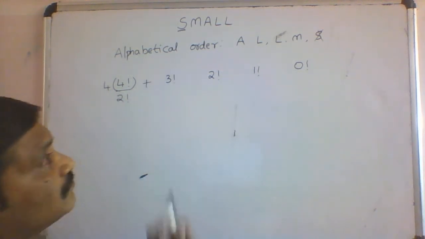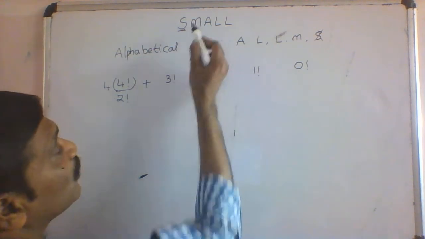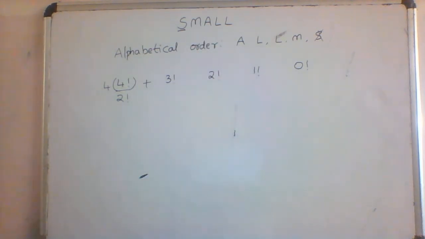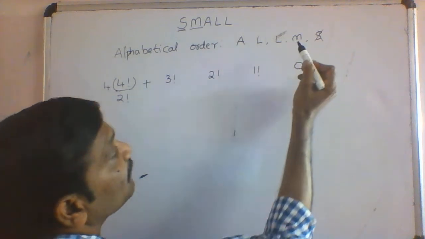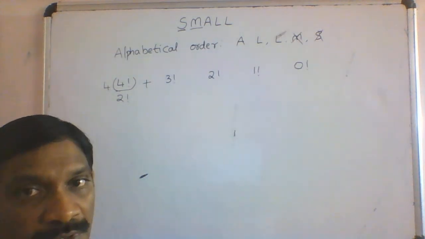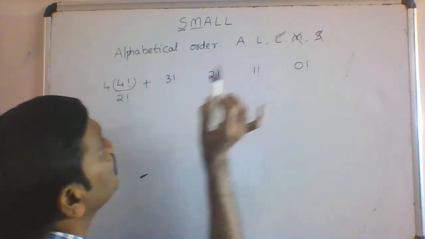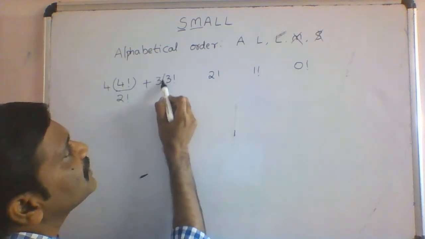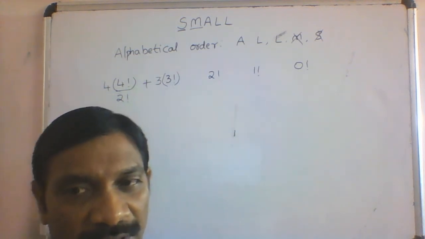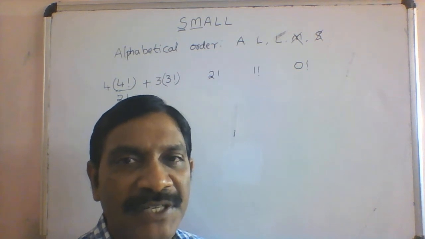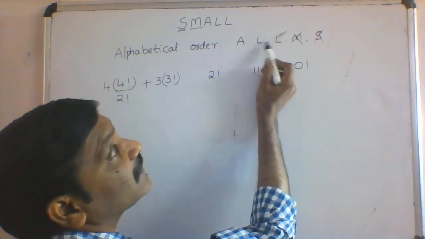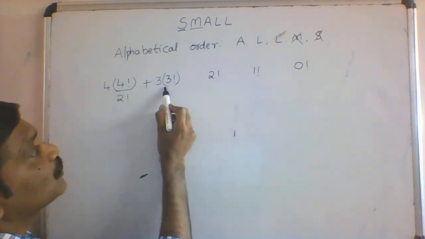Plus, what is the next required letter to us? M. So see M. How many letters are left over? 3. So first of all, keep 3 that number there, and observe any repeated letters are there. Yes, 2 letters are repeated. So write by 2 factorial.